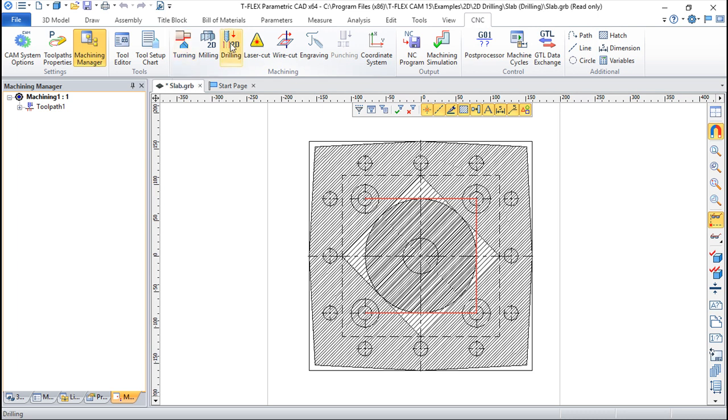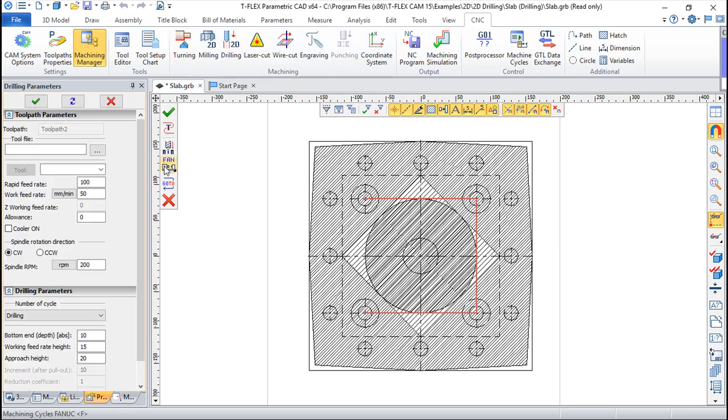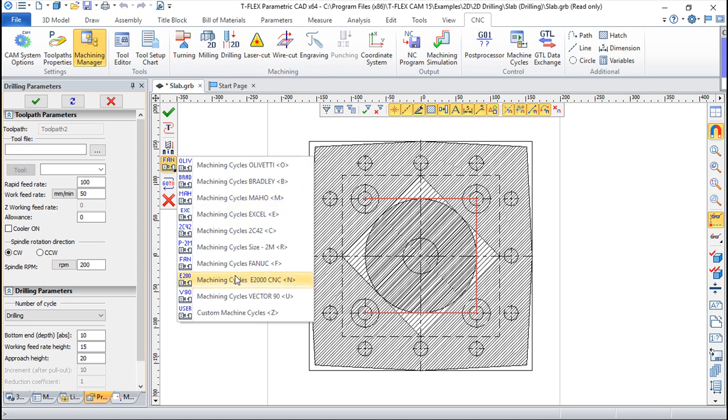So T-Flex went and made these functions already for the standard version of the software. So this is a complementary info regarding the cycles.